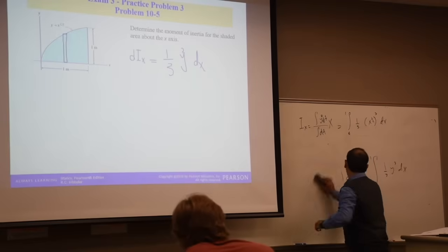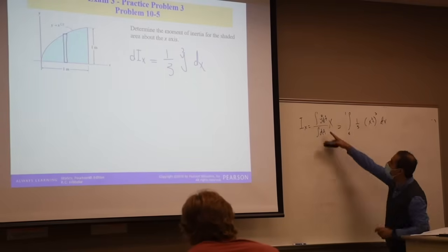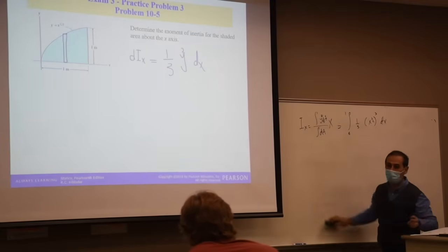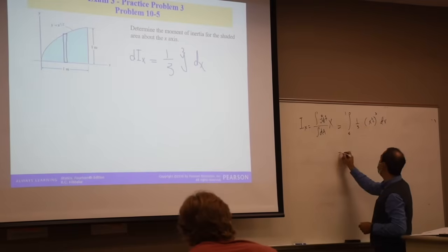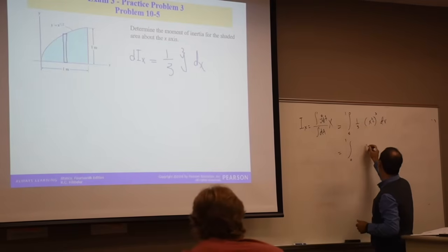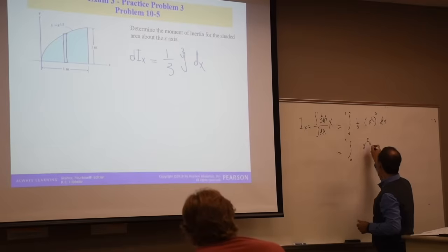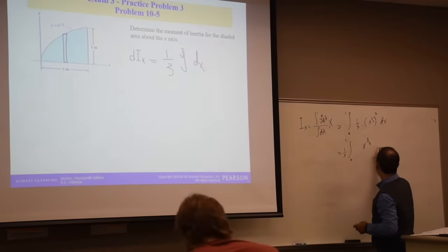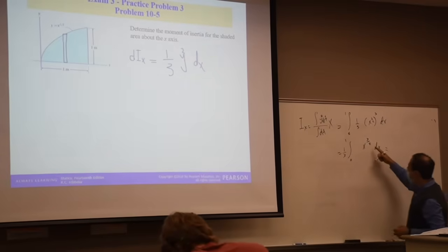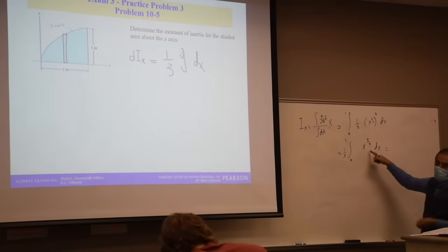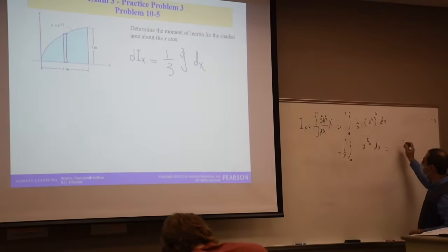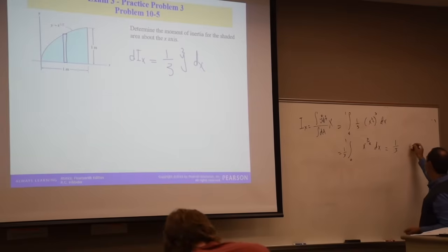So you don't have to do the other way because we're doing a special case. So what I will be doing is this: the integration from 0 to 1 of x to the 3 over 2, let's put the 1/3 out, dx. This is 3 over 2. If you integrate that, I will put 1/3 out.